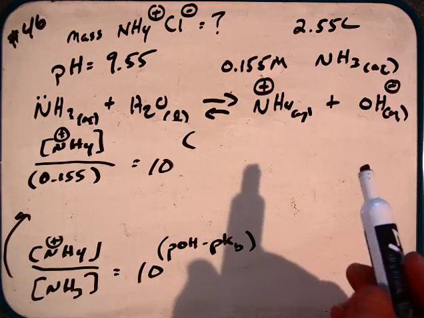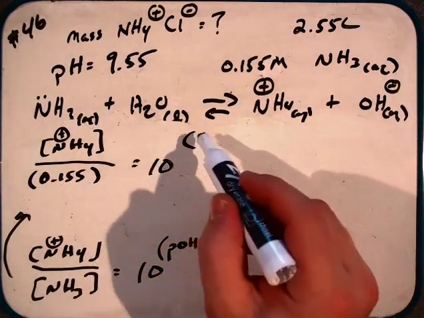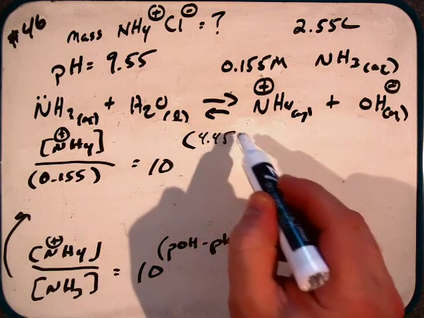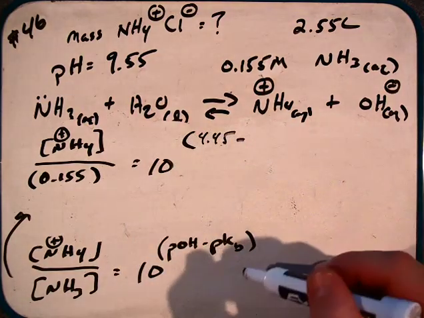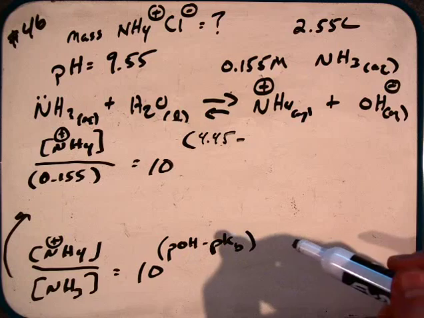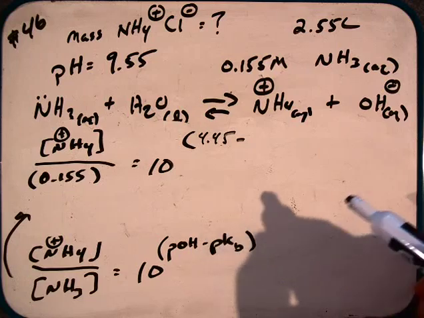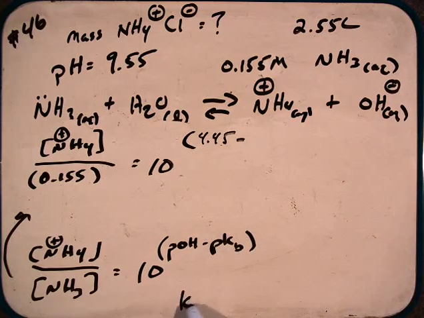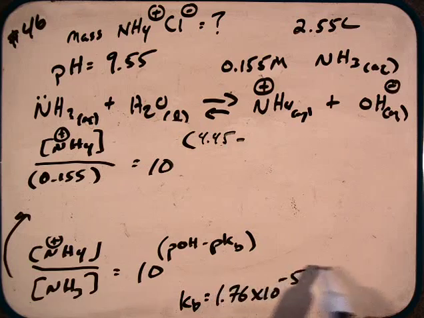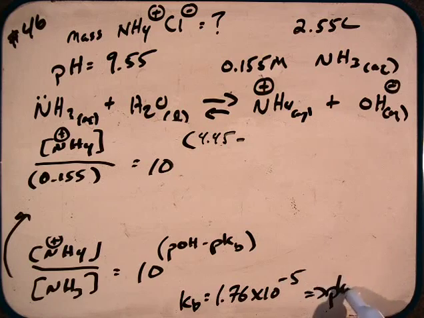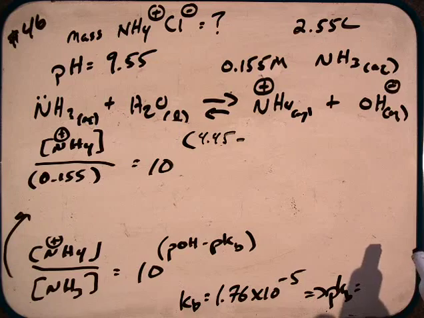We already figured out the pOH, which is 4.45, minus the pKb. Now you'd have to take the negative logarithm of that Kb. Remember, our Kb was 1.76 times 10 to the negative fifth. So we have to take the negative logarithm to get the pKb, which is actually equal to 4.75.